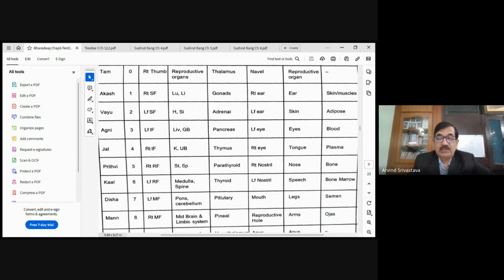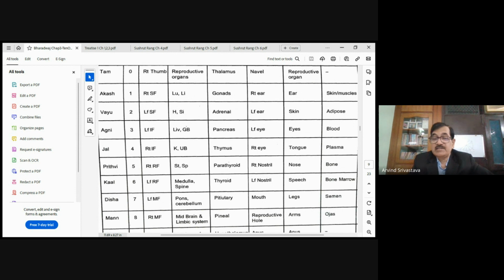In the central nervous system, the brain is on the upper side and the spine is on the lower side. The medulla is just on the vertex of the spine, and it is the lowest part of the brain stem. Medulla, then pons, then midbrain.